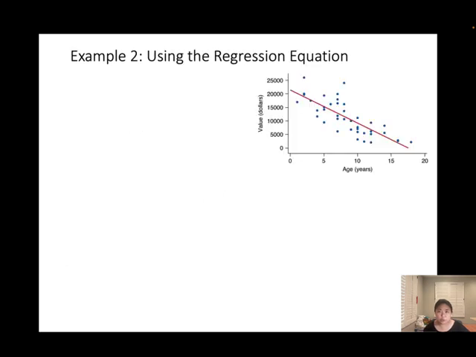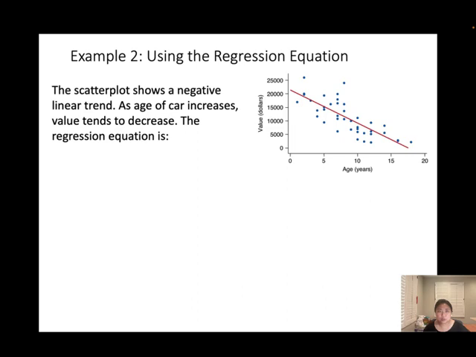Example 2, using the regression equation. How do we use it when we have the regression equation? Like in this example, the scatter plot shows a negative linear trend. As the age of the car increases, value tends to decrease.